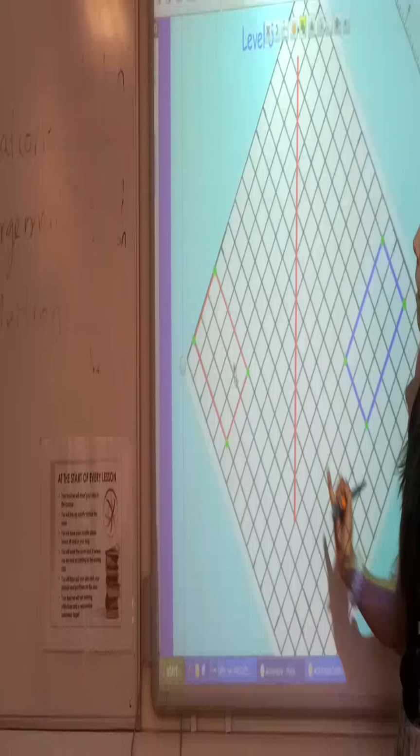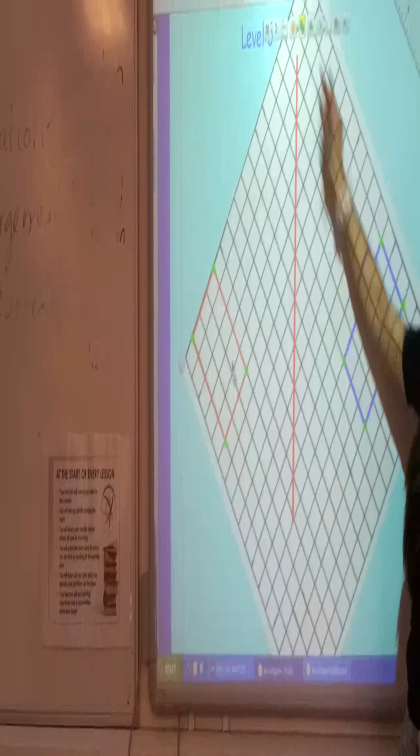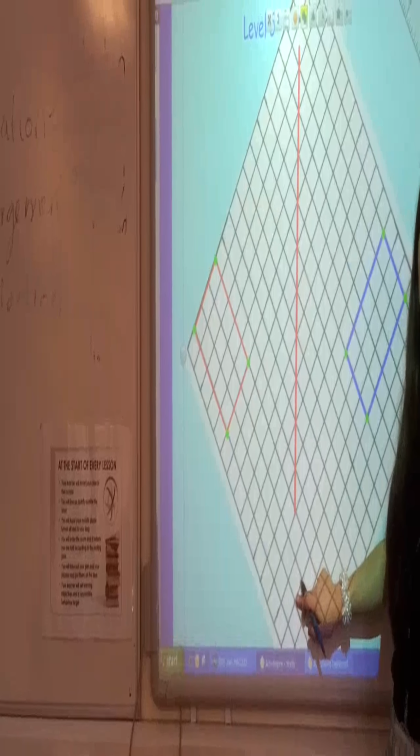So if you're struggling with diagonal mirror lines, turn your paper around through whatever degree to end up with a vertical mirror line.